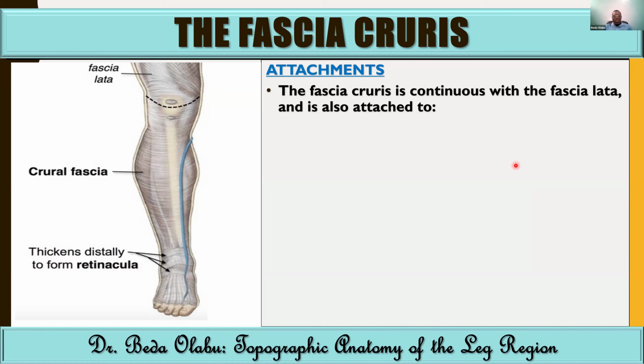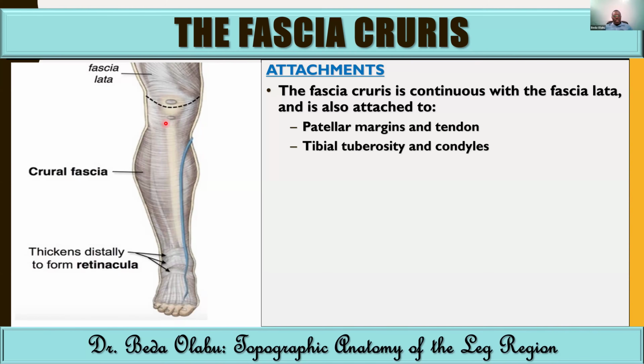We know it's attached to the margins of the patella, both the medial margin as well as the lateral margin of the patella. It's also attached to the patellar tendon itself. So beyond the patella, remember we have the tendon. It is attached to the patellar tendon, both on the medial and lateral aspects of the tendon.